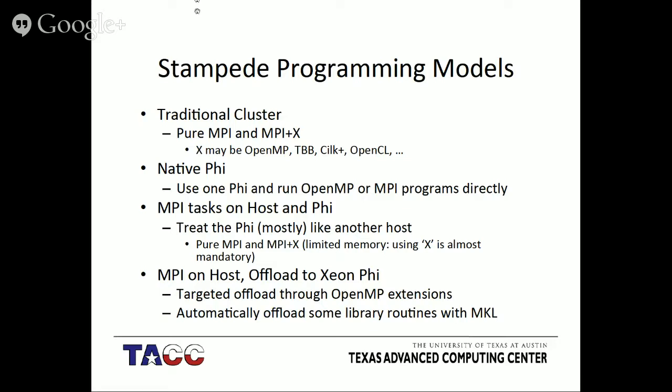And then keep in mind, you need 2 tasks or 2 threads running on each core to get the peak performance. So you're not only needing 60 MPI tasks, but you need 120 or 180 or 240. And at that point, the available memory becomes so small that you cannot, in almost all cases, run just MPI tasks on the Xeon Phi.